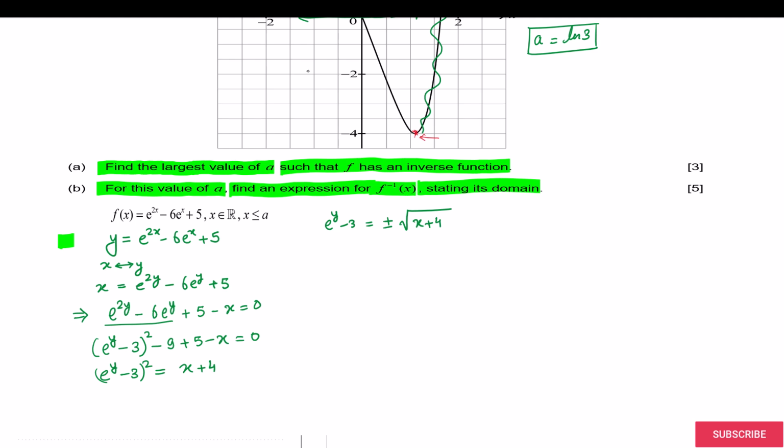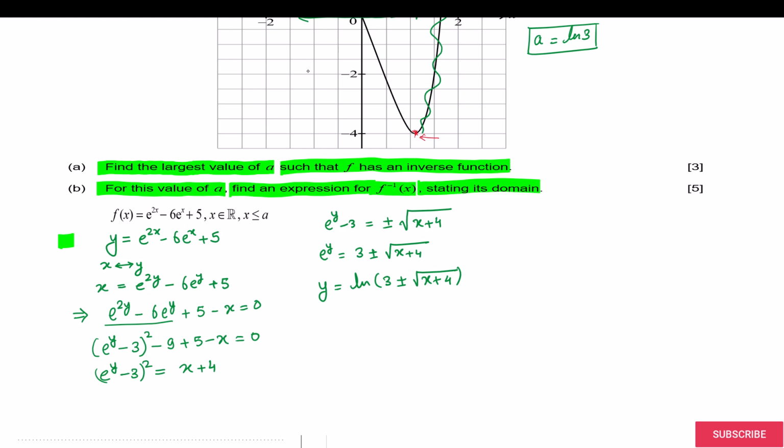We should not write directly either plus or minus, because this is yet to be decided. So e^y is 3 plus or minus the square root of x plus 4, or y is ln of 3 plus or minus the square root of x plus 4.